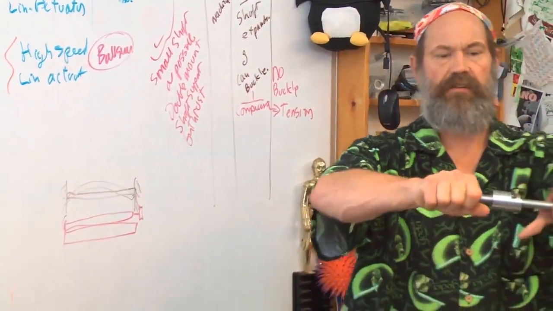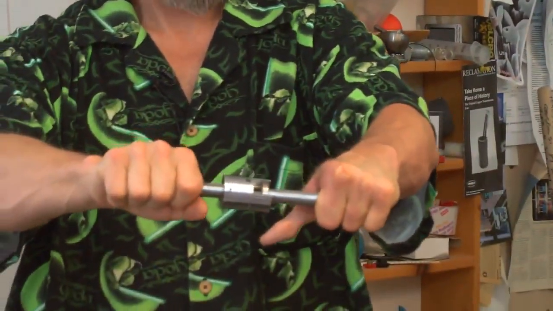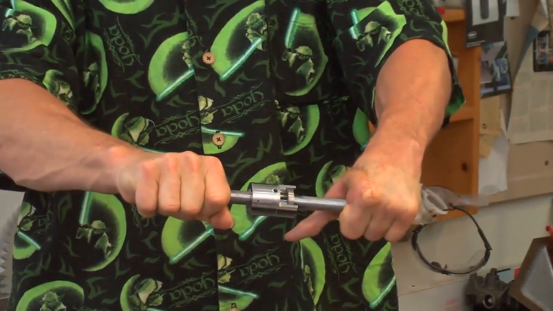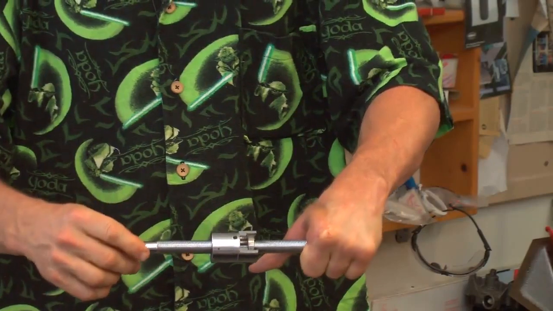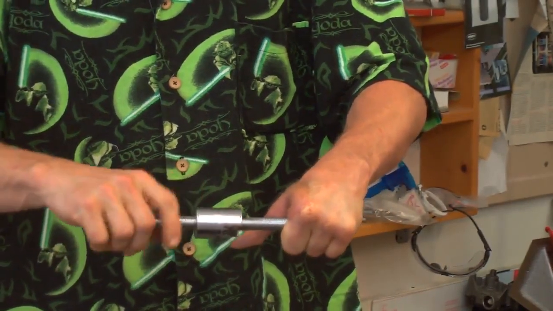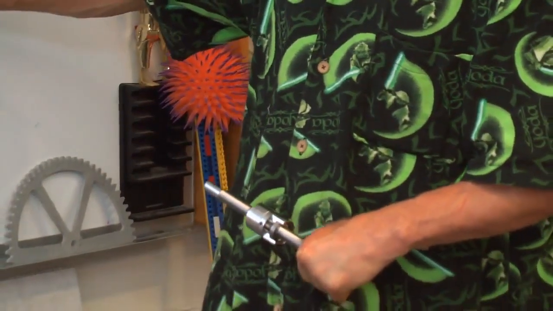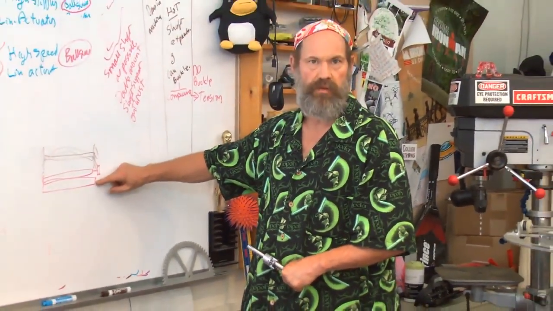So the screw is mounted, and I won't pull so hard to break this because I've only got one of these. But if I pull on it, you can see it's probably stretched by 2 or 3 millimeters now. Actually, not that much. And when the screw turns now, I will slowly replace this tensile strain of preload with the thermal expansion.